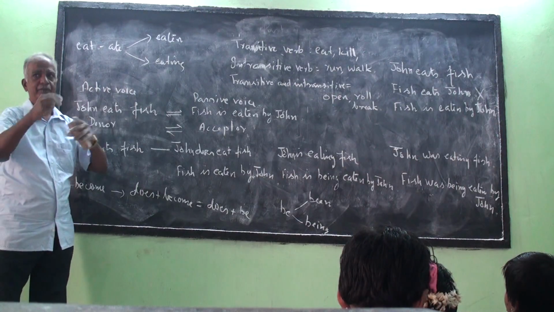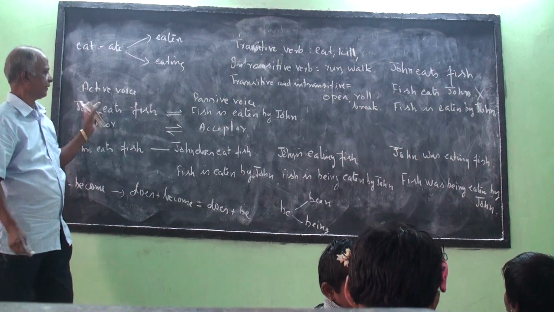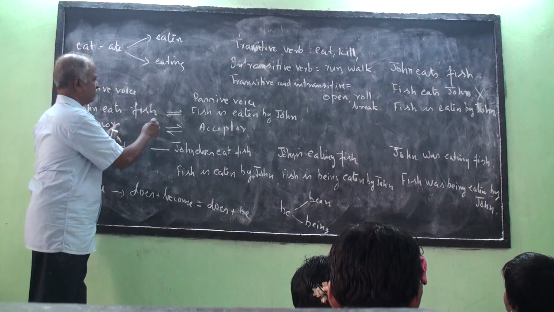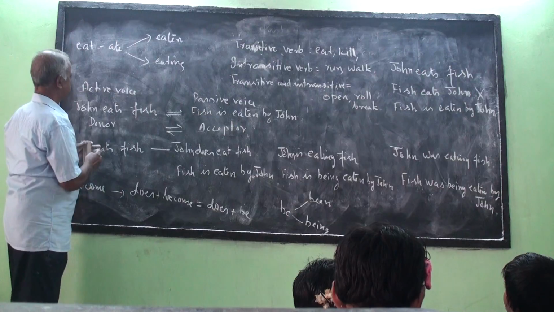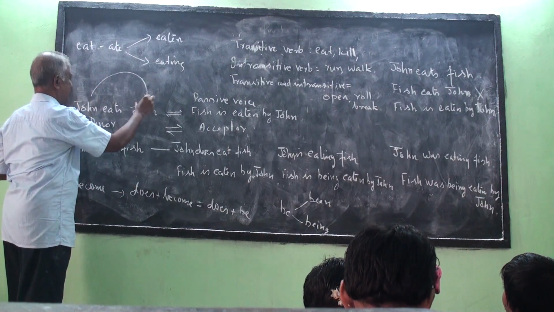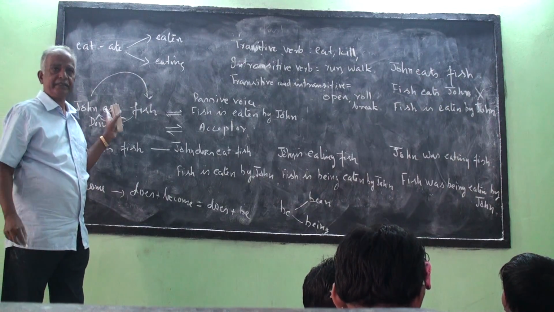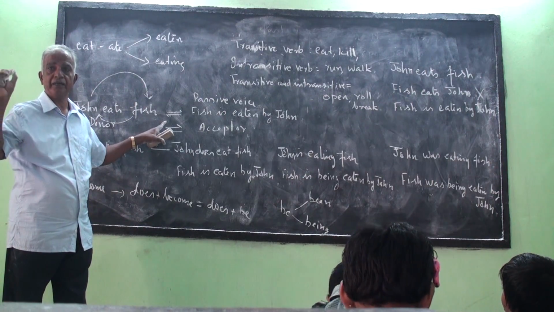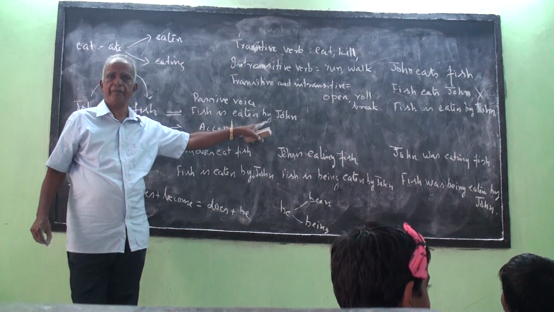That is the standard method of converting active voice into passive voice: taking the subject to the object slot and the object to the subject, and adding a by.